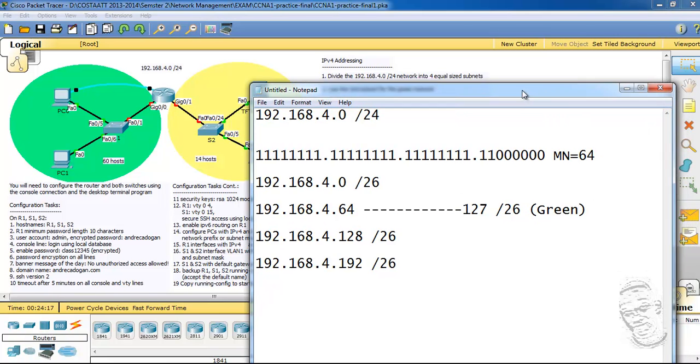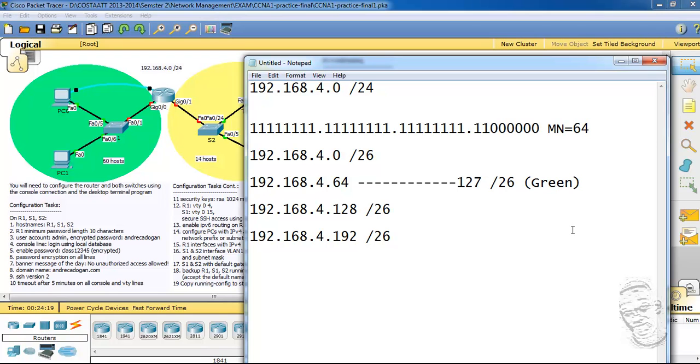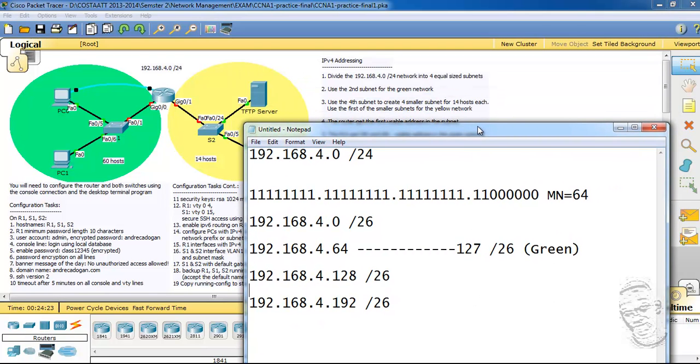This would be our green network here. The other task, task 3, is to use the 4th subnet to create 4 smaller networks of 14 hosts each, and use the first of the smaller subnets to be the yellow network.